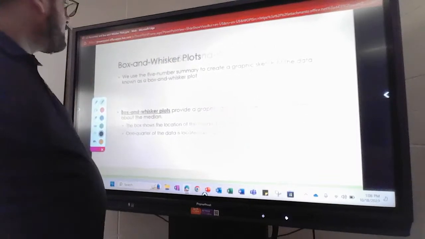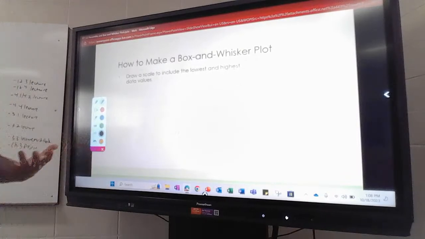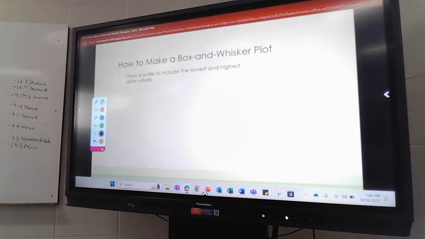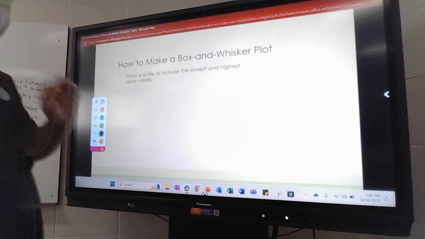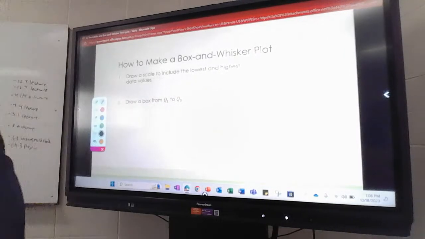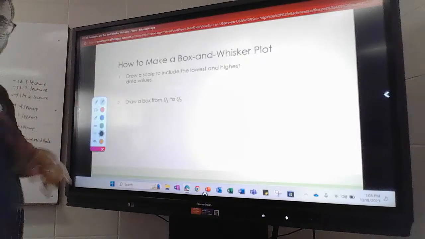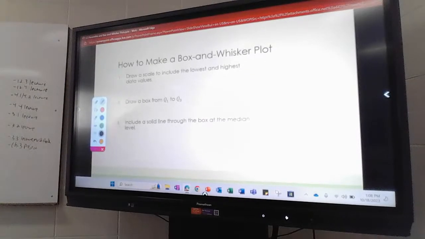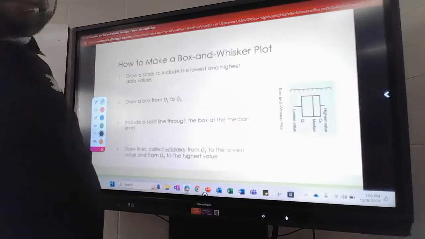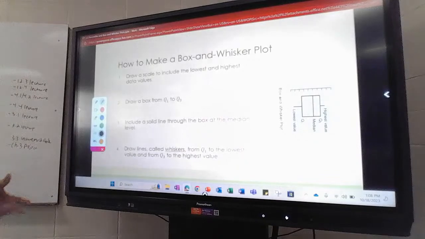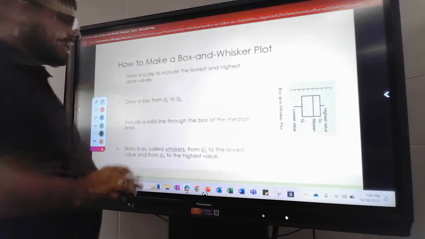When making a box and whisker plot, first draw a scale that includes your lowest and highest data values. Then draw a box from your first quartile to your third quartile. Include a solid line through the box at the median, and then draw the whiskers from your lowest value to Q1 and from Q3 to your highest value.